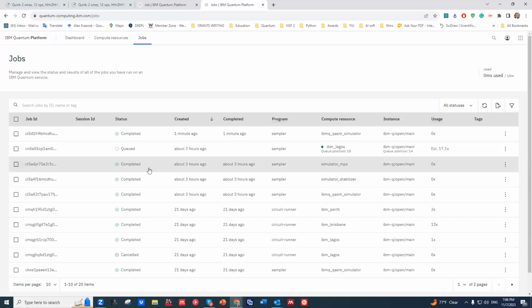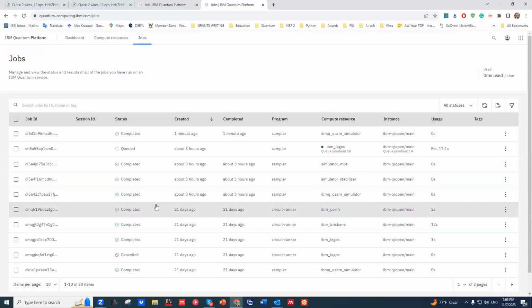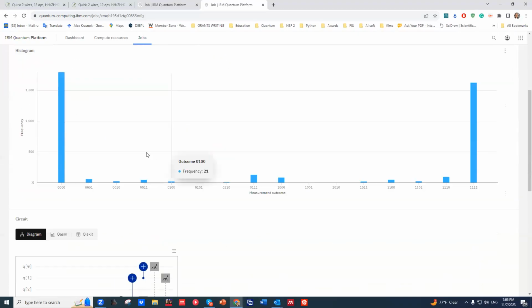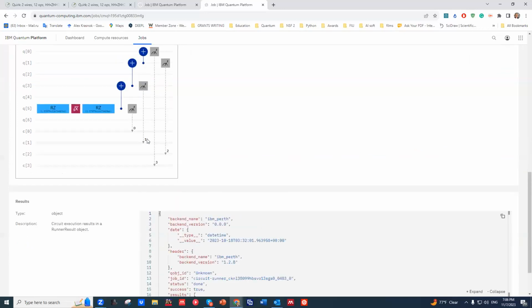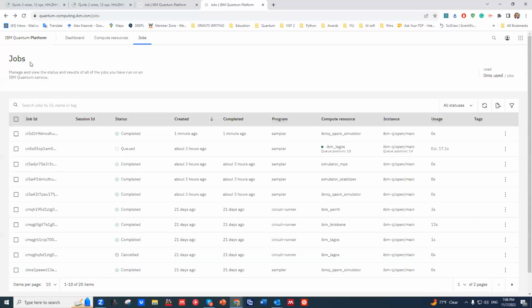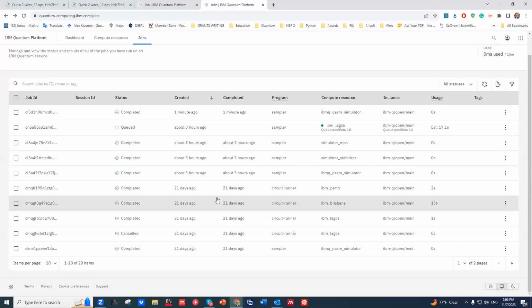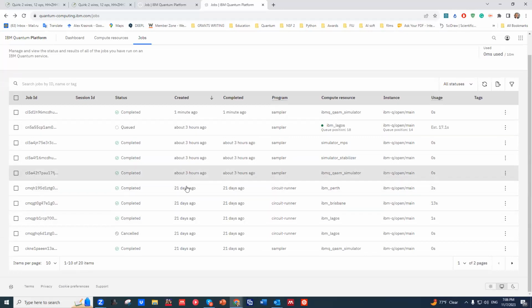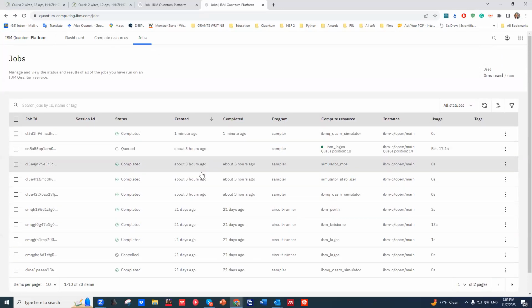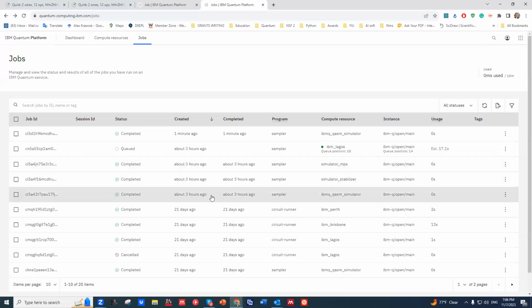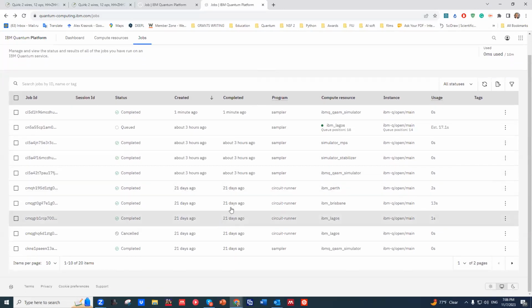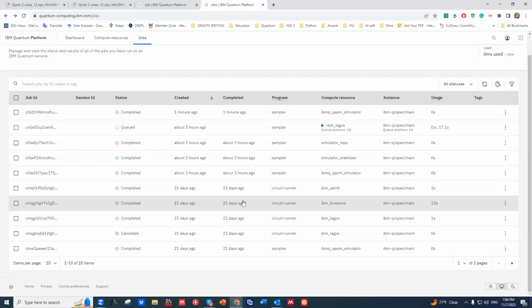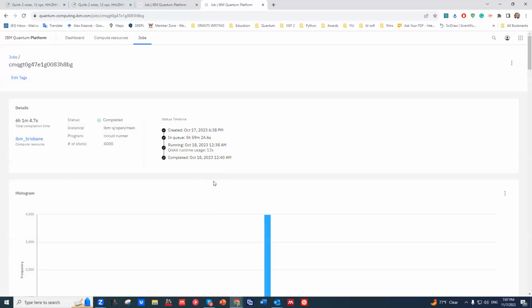And last week we checked the result of the simulation on the quantum computer for the Bell test, right? Let me find it. Maybe this one.